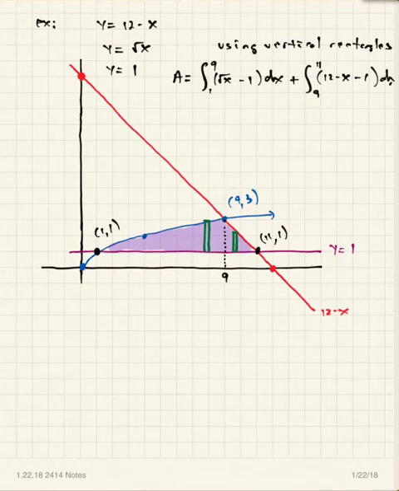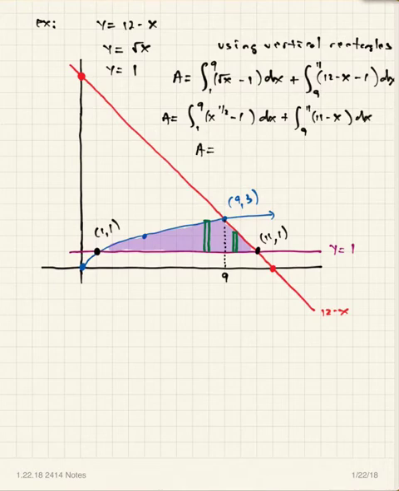Now, like I said, this is not a hard problem, not as far as doing it this way, and these are not difficult integrals at all. The first one would be the integral from 1 to 9 of x to the 1/2 minus 1 dx. The second integral would be the integral from 9 to 11 of 11 minus x. So neither of those is difficult at all.